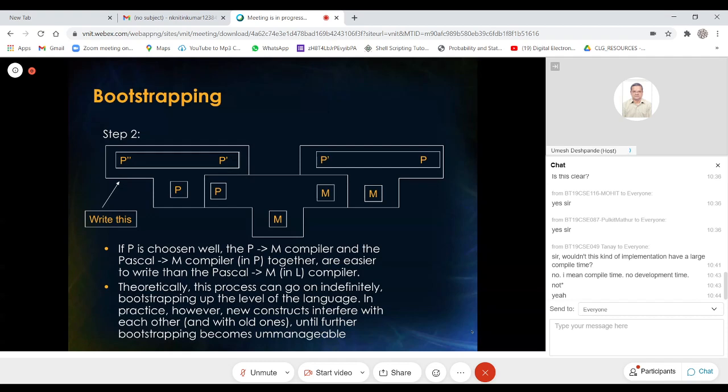So we chose another subset F1, which is a superset of F0, and wrote the translator of F1 to F0 in F0. That translator was then fed through the earlier pipeline to give the executable version of the translator from F1 to F0.